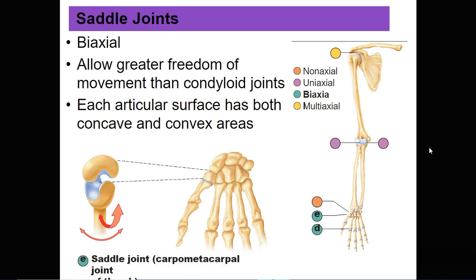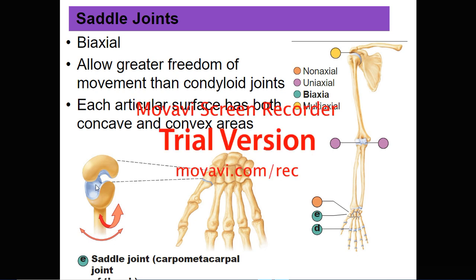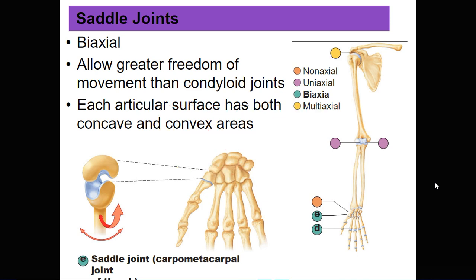You find these saddle joints at the carpometacarpal joints of the thumbs, and this does look like a saddle. You see how this looks like a saddle, right? So again, you find it at the carpometacarpal joints of the thumb.